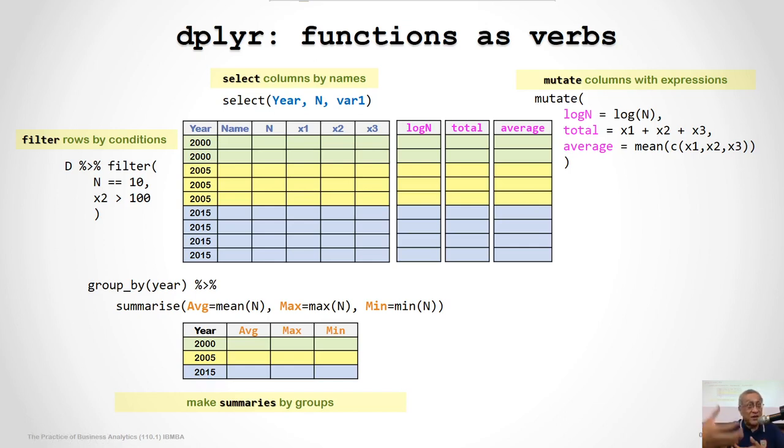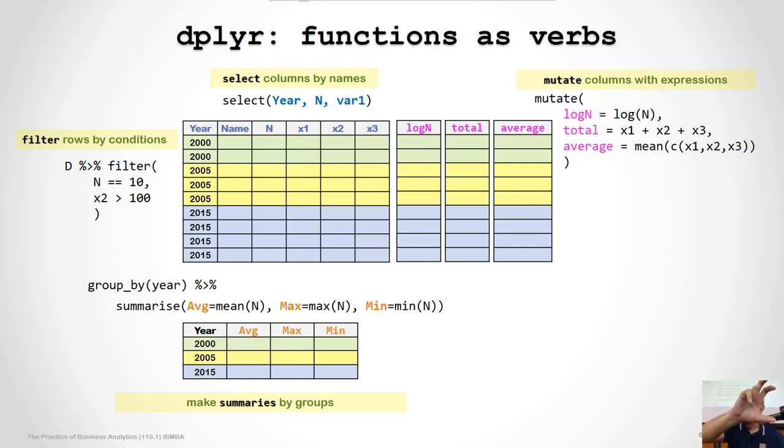So after group by and summarize, every group will be summarized into a row, so the length of the data frame would be shortened and equal to the number of groups.